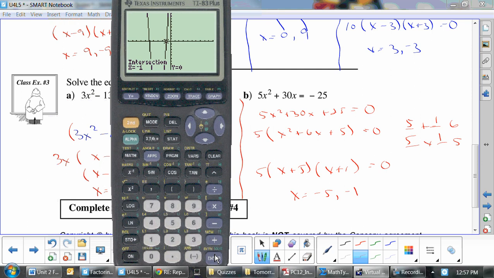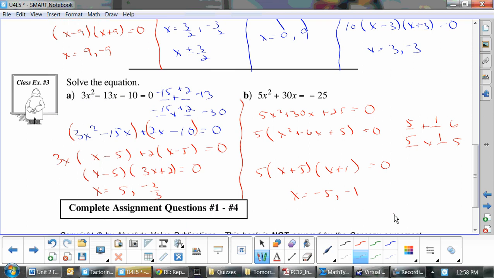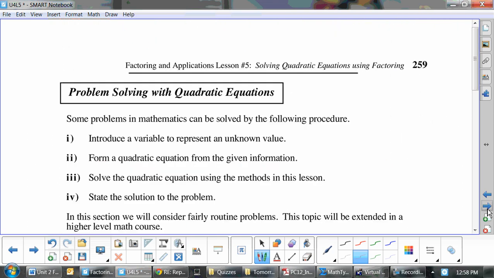Now, to get to the other one, you have to go second, trace, 5, and then move the spider. Sometimes you'll move the spider first and do it, and you'll waste your time, because it'll still go back. Okay, so it gives you the answers right there. So with enough time, you can check your answers with the calculator.